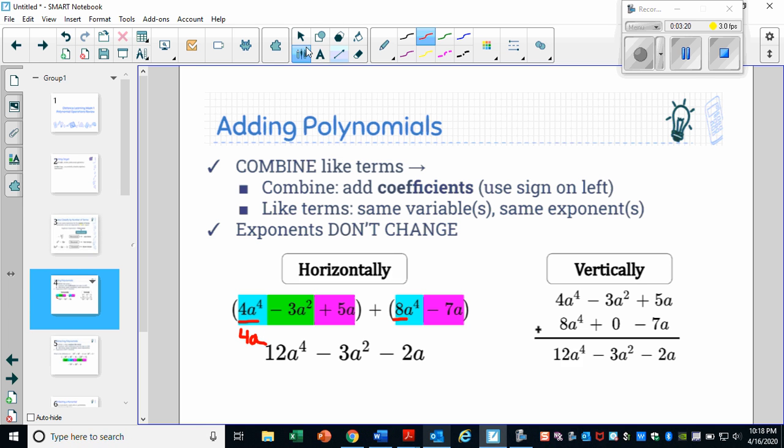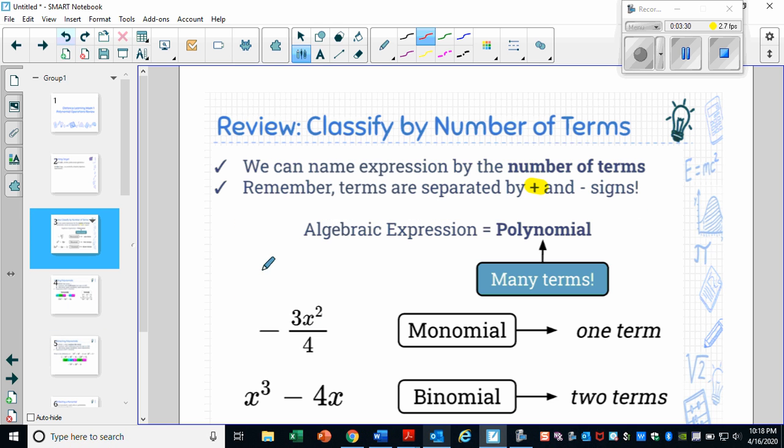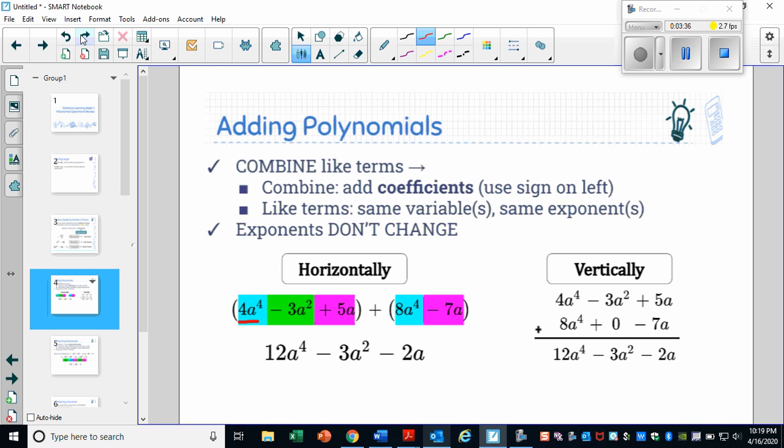Oh, I'm going to redo it a different way. Hold on a second. Oops, a little bit too far. So now what's going to happen? We are going to highlight the coefficients. So 4 and 8.